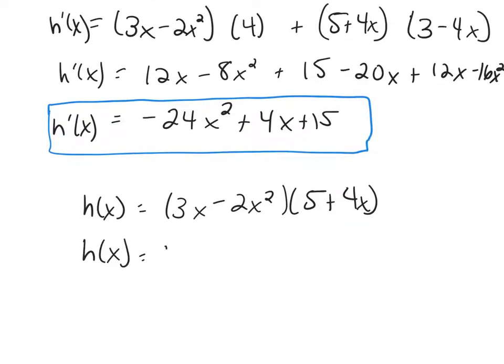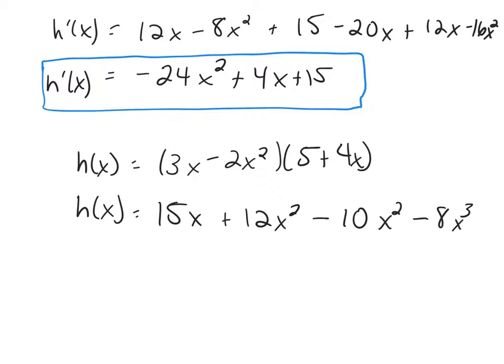So if I FOILed this out, it would be 15x plus 12x squared minus 10x squared minus 8x cubed. So if I simplify this down, h of x would have been minus 8x cubed plus 2x squared plus 15x.